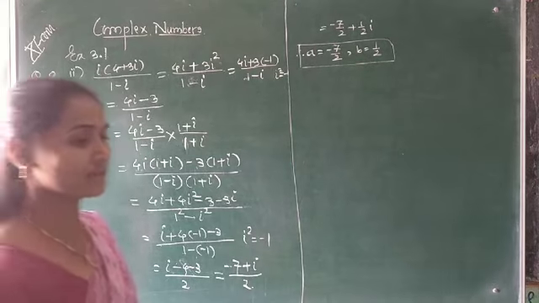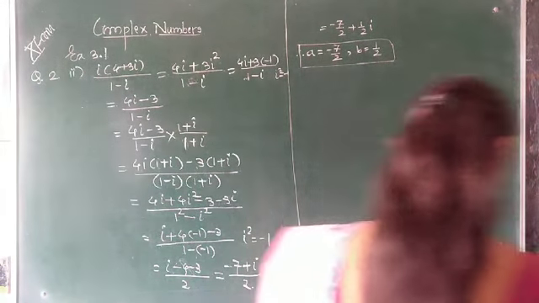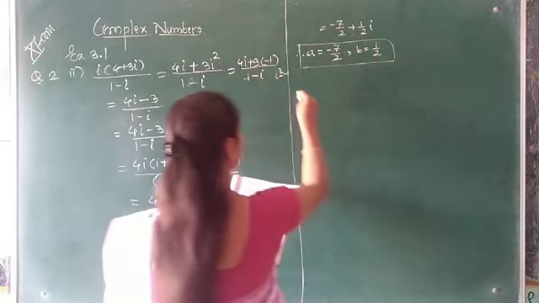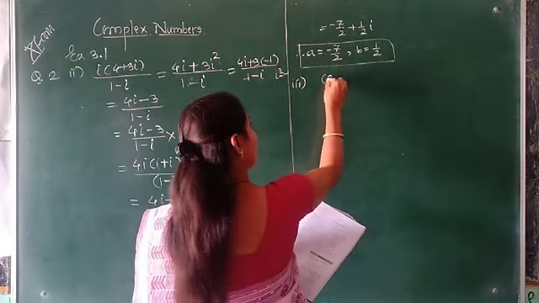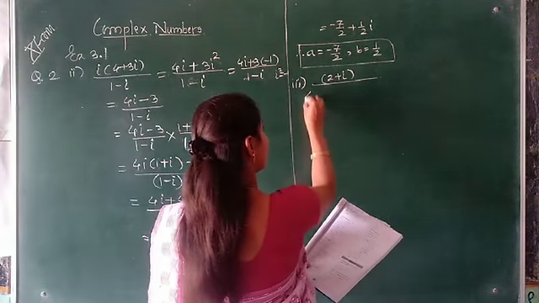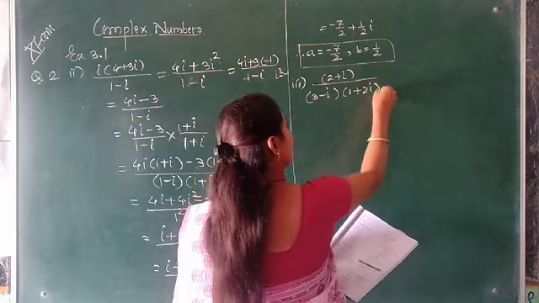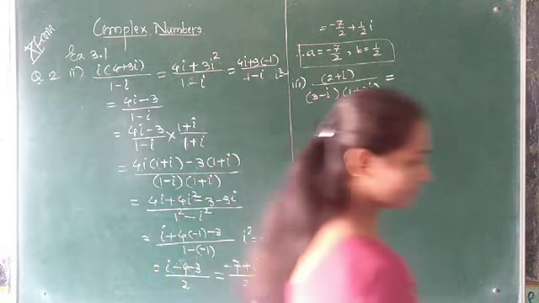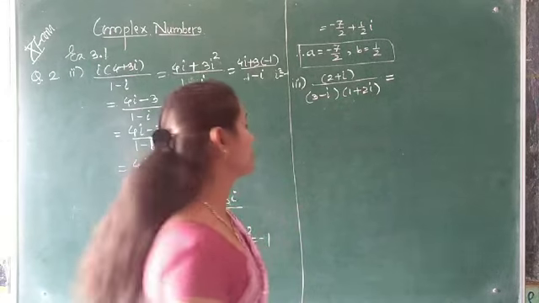Now see the next, third question: (2 plus i) divided by (3 minus i)(1 plus 2i). First we take the product of these two and then take the division of two complex numbers.